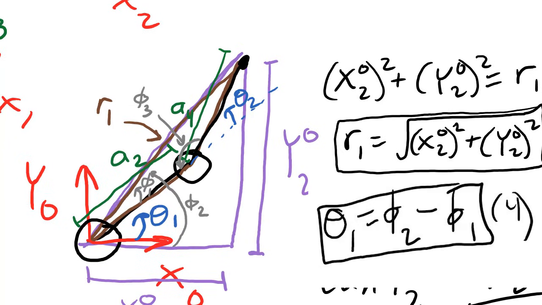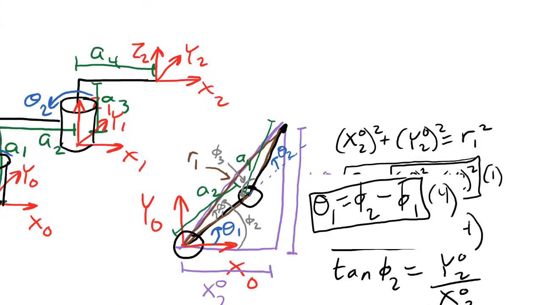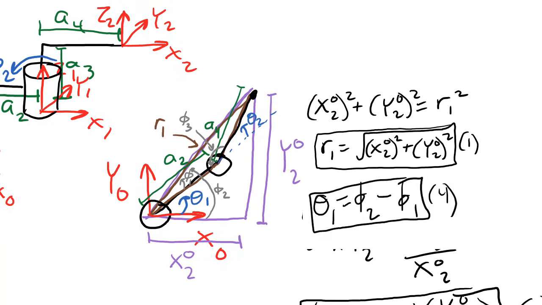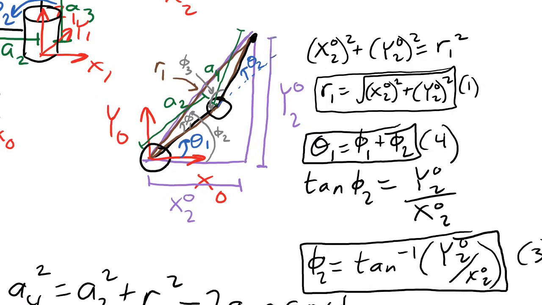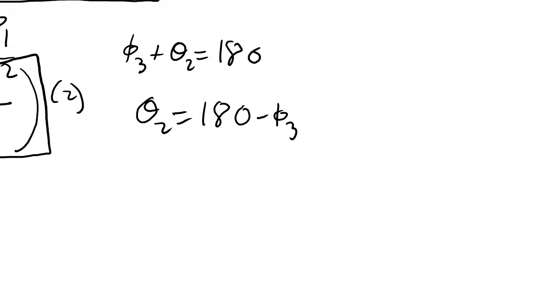How could we get phi 3? Phi 3 is one of the angles inside the brown triangle, which is not a right triangle, so we can use the law of cosines. To use the law of cosines to get phi 3, we'll start by finding the length of the line that is opposite phi 3. The length of the triangle side that is opposite phi 3 is R1.